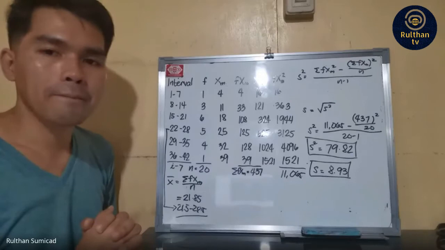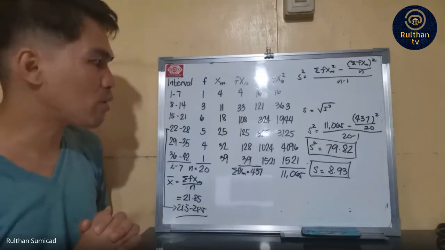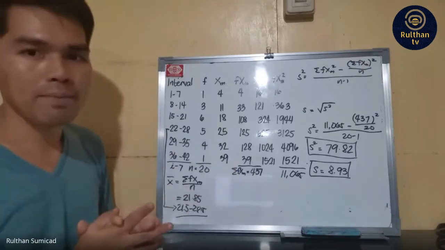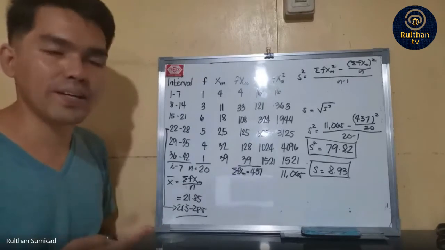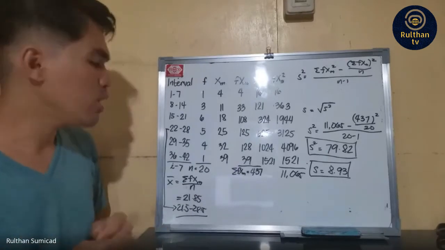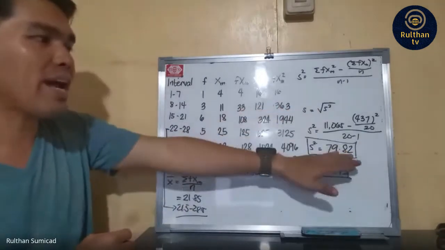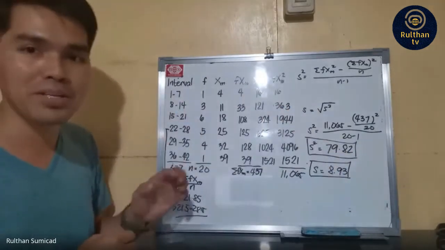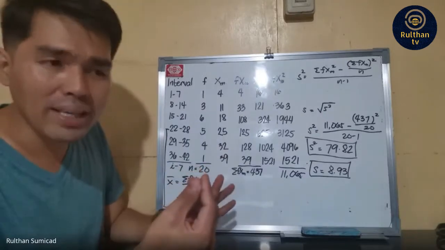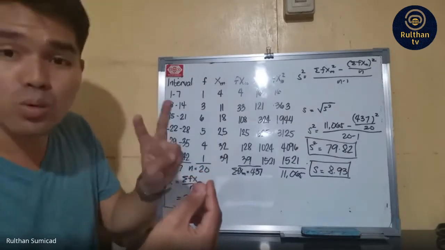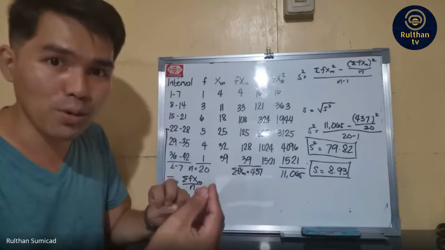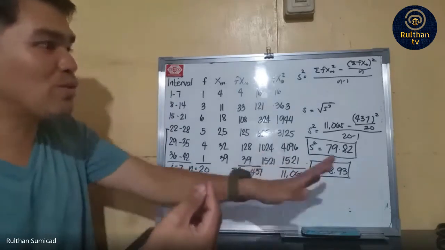I suppose there are no more questions. We're good with this one. But there is another formula to solve for the variance and standard deviation for group distribution aside from this one. In group data distribution, there are two computations for the variability, the same as for ungrouped distribution.